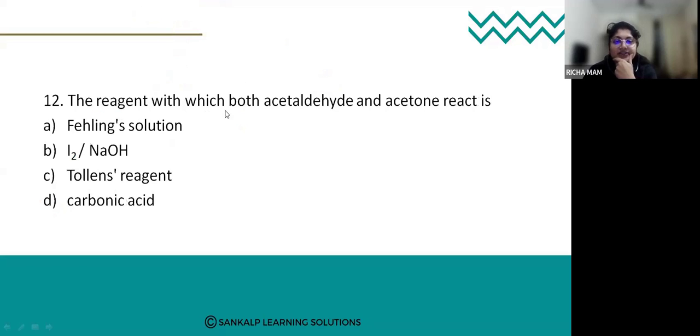The reagent with which both acetaldehyde and acetone react is: which is the reagent with which both acetaldehyde as well as acetone will react?